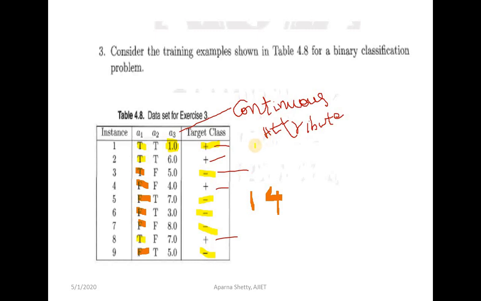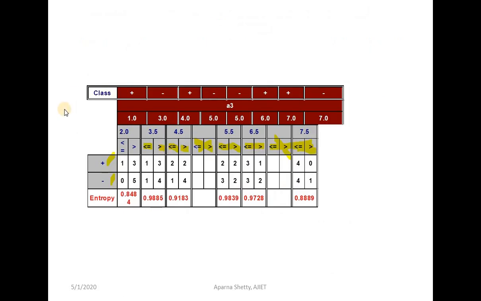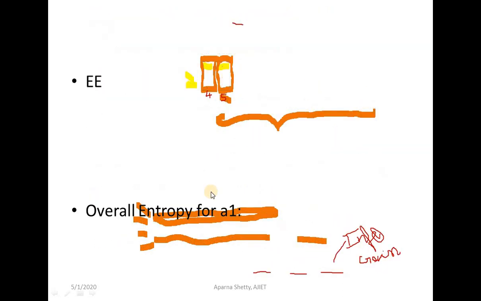So this count is 1 over here. Next, count the number of records that are less than or equal to 2.0 and belong to class minus.